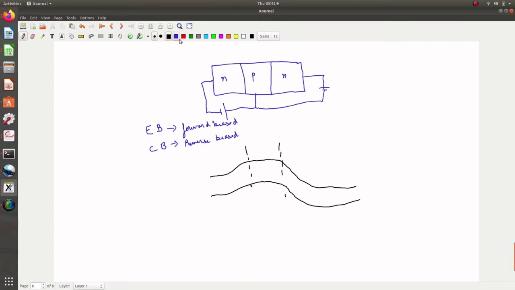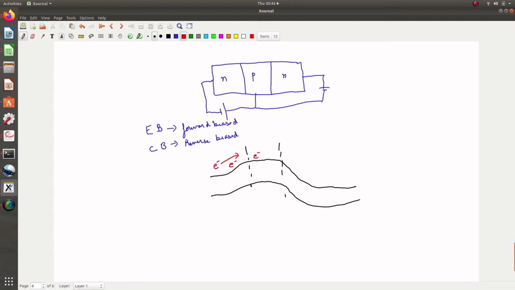And the electrons which are moving from the emitter reach the base, and as you know, at base we are having majority holes. There is a possibility for recombination here.